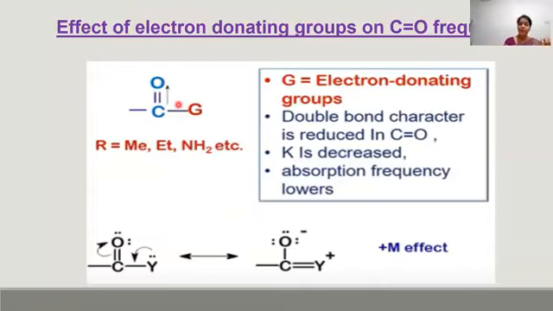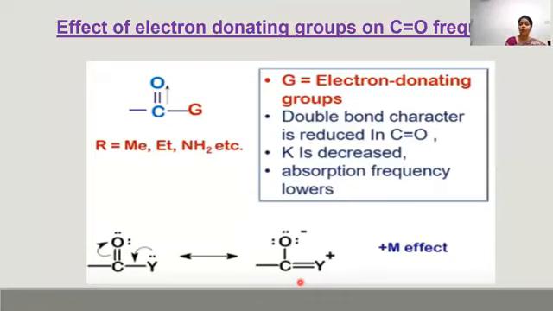In this condition, the double bond character of C double bond O will decrease. Because oxygen withdraws the electrons in this way, the double bond character of the carbon-oxygen bond decreases. When the double bond character decreases, the value of the force constant decreases, and when the force constant decreases, the vibrational frequency decreases.